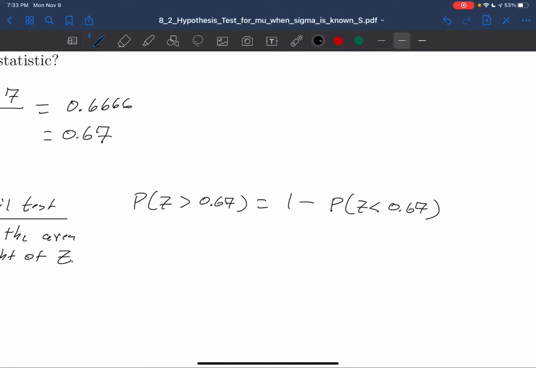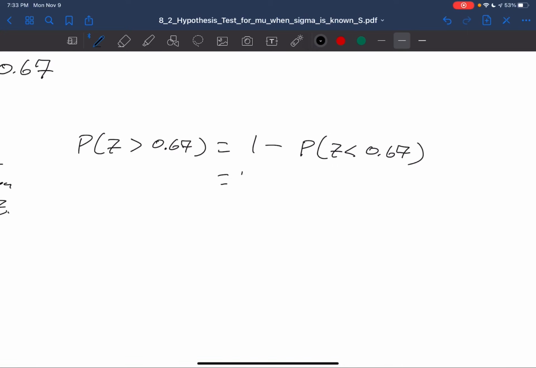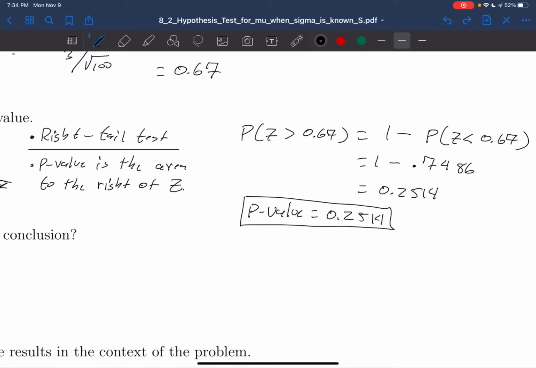So this should be equal to 1 minus 0.7486, which is equal to 0.2514. So our p-value is equal to 0.2514. Let me just box this.